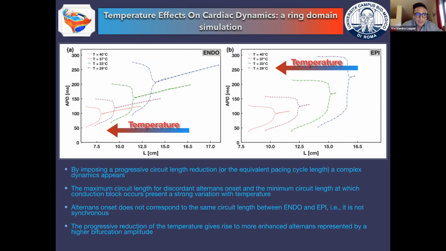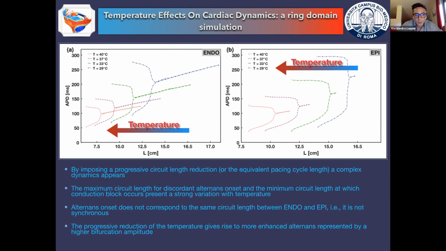And we can see that the splitting of the curve and the alternans onset is shifted to the right for lower temperature, which indicates a higher risk of alternans. I mean, the alternans is triggered at higher cycle lengths at lower temperature, so in hypothermal condition. So this hypothermal condition is linked to an increased risk of developing alternans and fibrillating regimes.